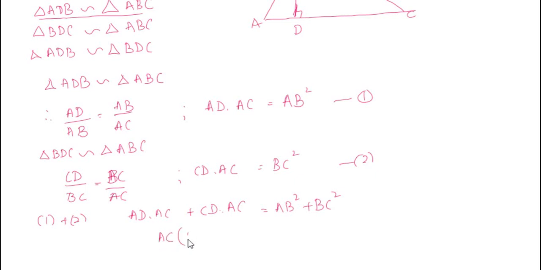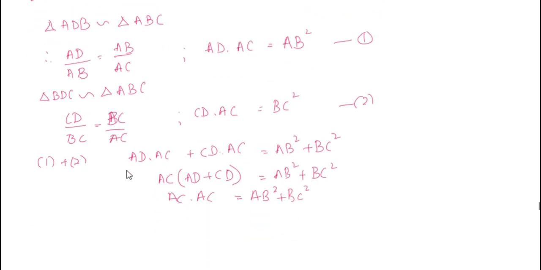Here what is remaining is AD plus CD is equal to AB square plus BC square. Now AD plus CD is nothing but AC. This becomes AC into AC equal to AB square plus BC square.